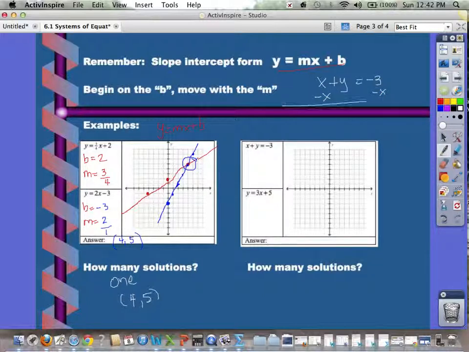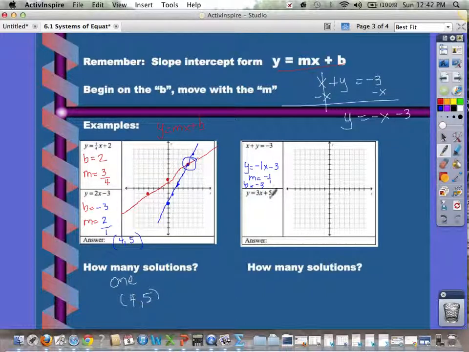So that leaves me with y is equal to negative x, always put that first, so you'll be ready to graph, minus 3. Okay, so I'm going to go ahead and put that down here. Y is equal to negative 1x minus 3. So my m is negative 1 over 1. My b is negative 3.